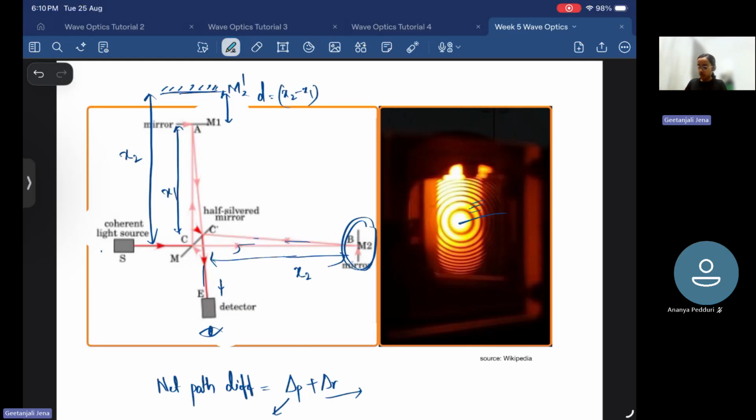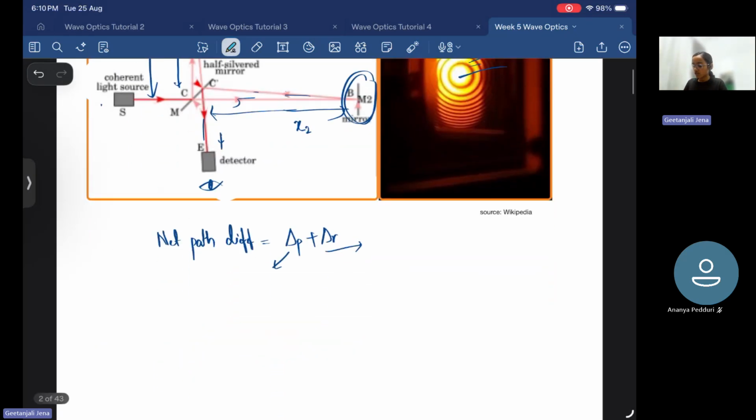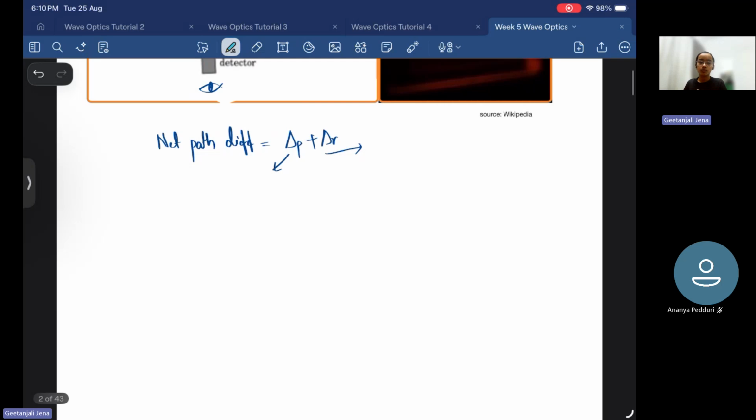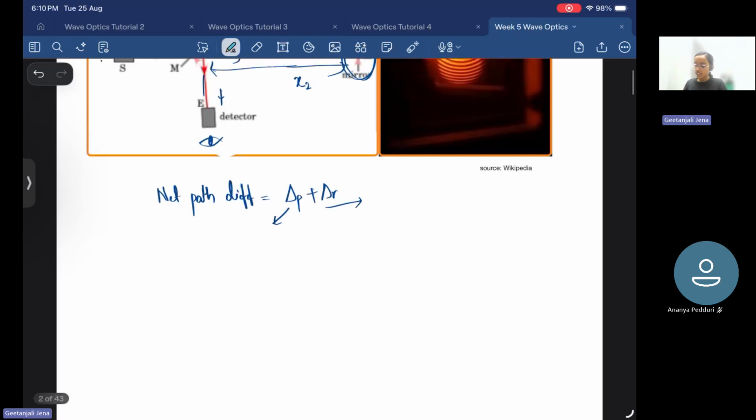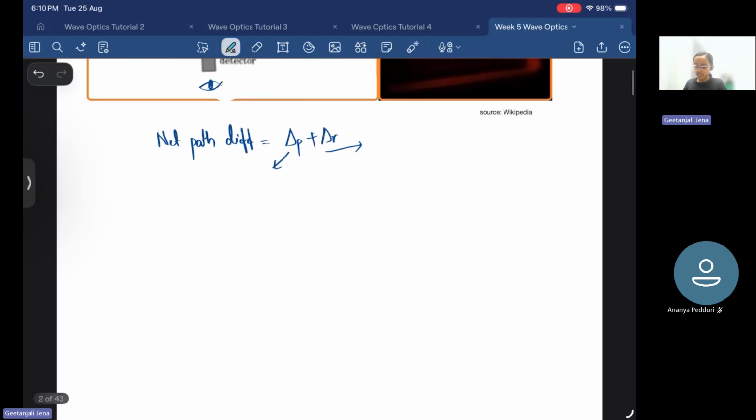This is the linear optic equivalent, the mathematical representation of the experimental setup, to calculate the fringe patterns and the condition of constructive and destructive interference. From this linear optic model, we see that the geometrical path difference delta P is 2D.